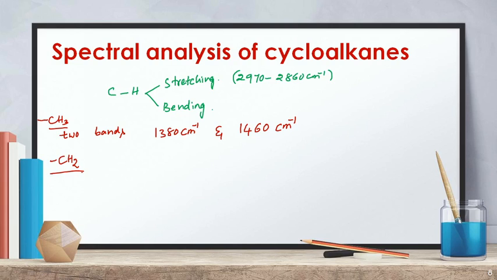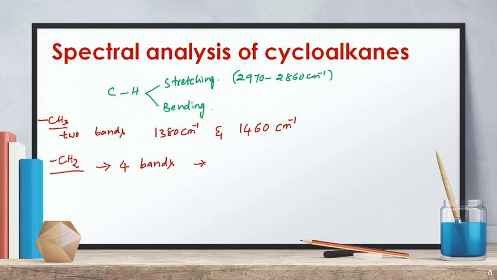If a methylene group is present, you will have totally 4 types of bending vibrations, that means 4 bands may appear. Of course, not exactly 4 bands appear in the spectrum; any one of the bands can be found majorly.